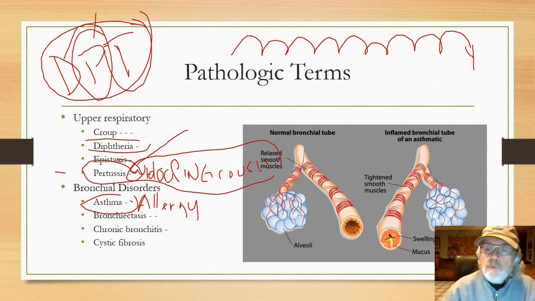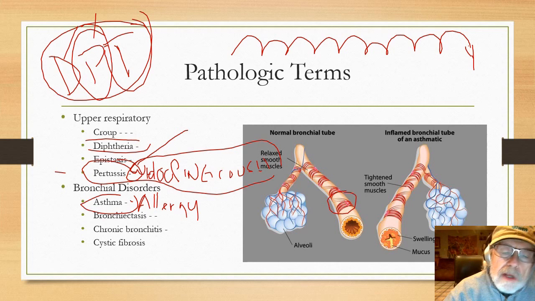What really happens is, again, the smaller airways are lined with smooth muscle. For some reason, whether it be allergy, cold, or exercise, it causes those smooth muscles to constrict. It makes the opening of the airway much smaller, and it also causes an inflammation that causes mucus to develop inside there.